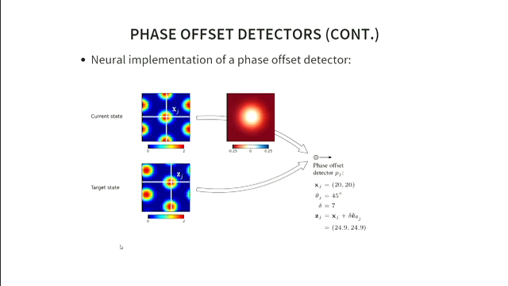And then if the current state is in the correct position, the neuron should fire whenever there is activity in the correct location in the target state matrix. So I chose to do this by having strong excitatory weights from the salient target state neurons. Here we see the excitation indicated with blue. So this quick description was just to say that the phase offset detector mechanism can be implemented by simple neurons.